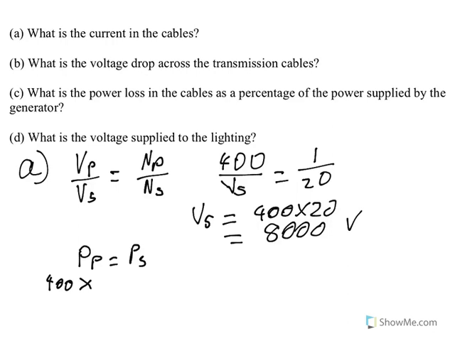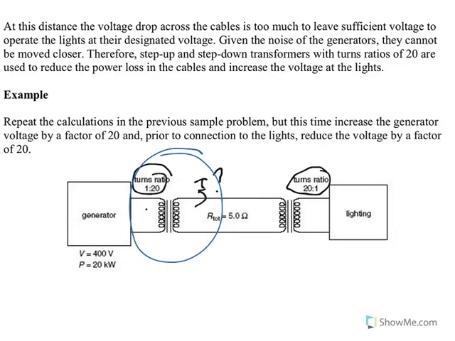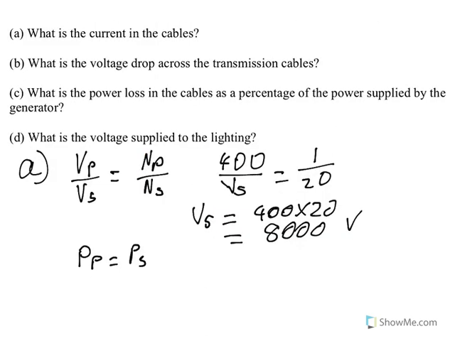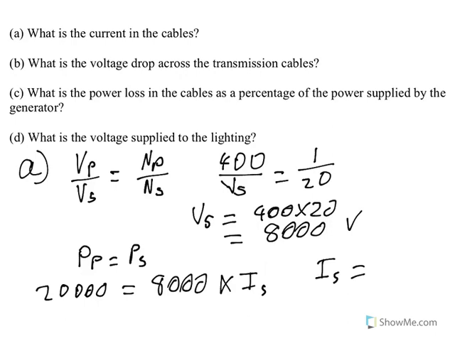In the primary, we're told that our power is 20 kilowatts, so 20,000 in the primary. Power in the secondary is the voltage in the secondary, which is 8,000, times the current in the secondary. When we work that out, you find that your current in the secondary is 2.5 amps, much lower.